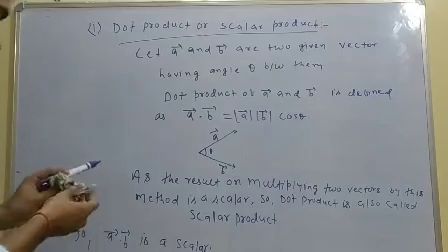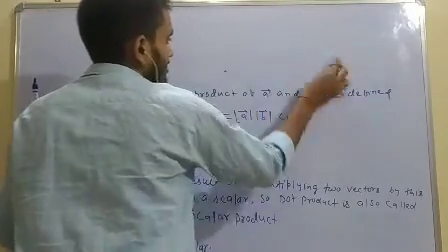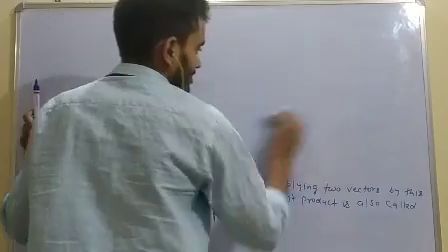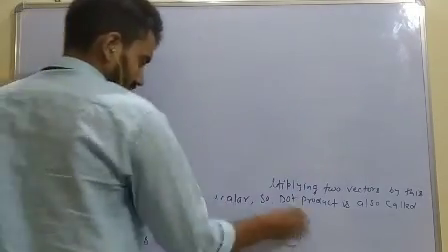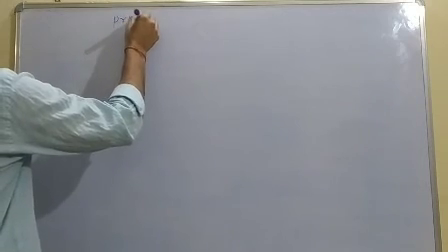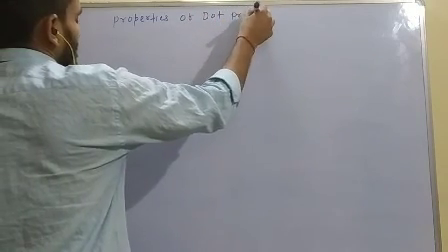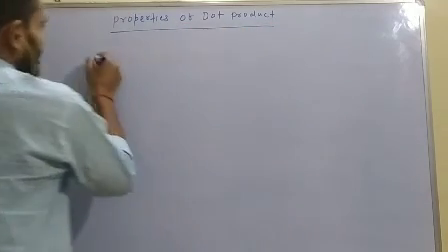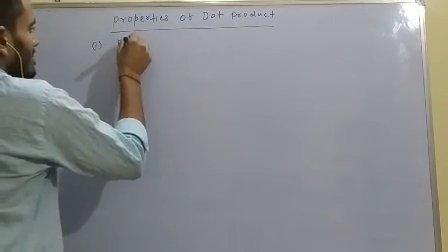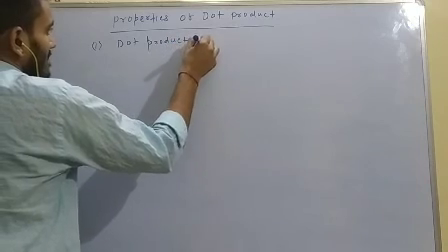Now, properties of the dot product. First, the dot product is commutative.